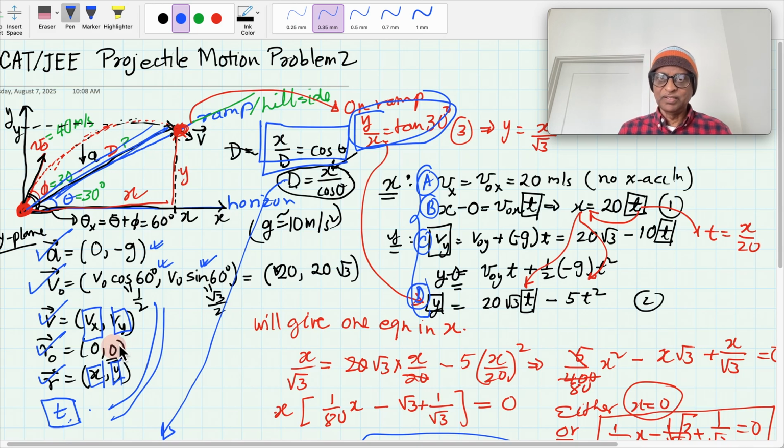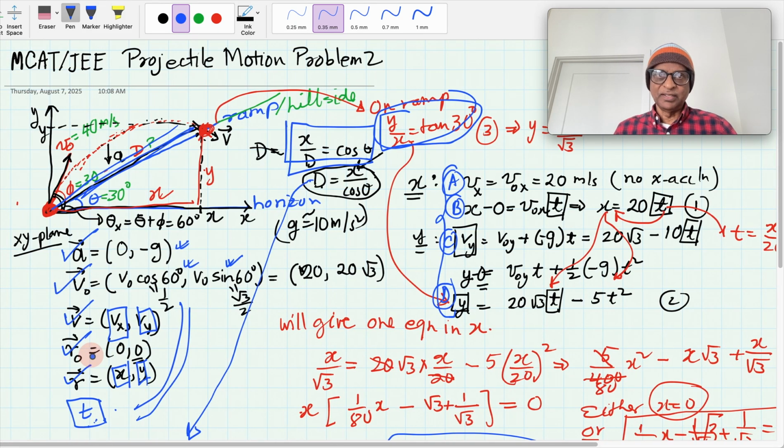You can't solve it. So if you find more than 4 unknowns, then you should look around in the problem if there is some other condition that you're missing. That's why I wanted to do this problem for you. There are conditions sometimes in the description that you have to look for.